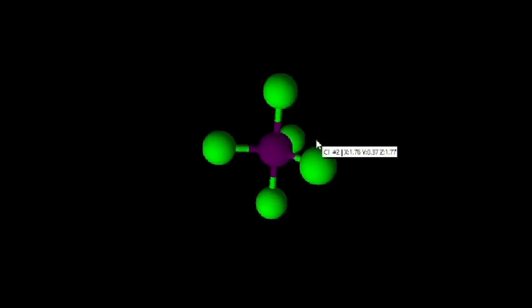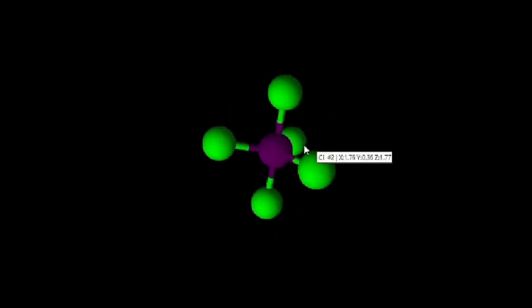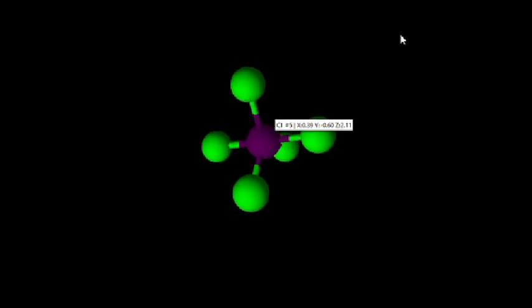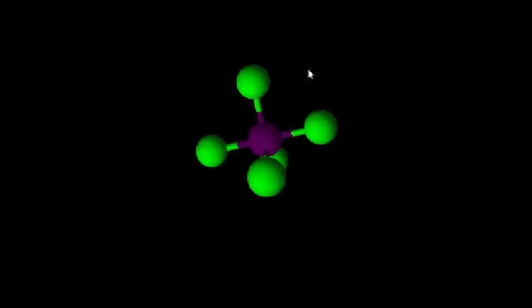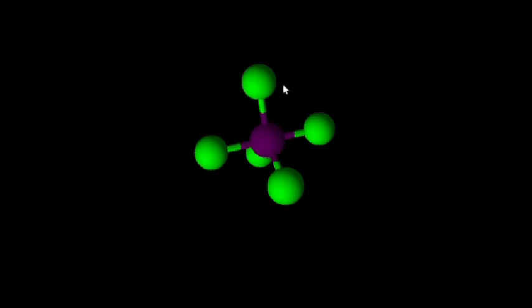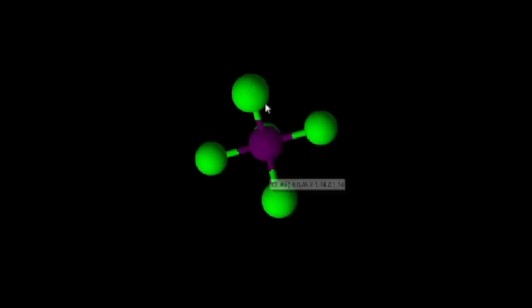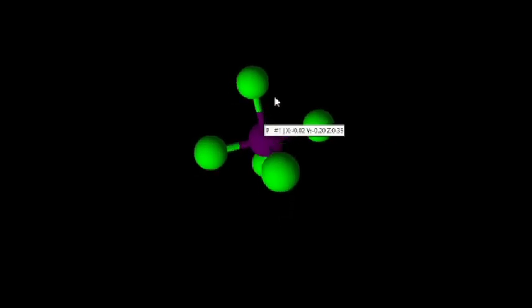So we can rotate this and get an idea. Now you can see these three lone pairs come into a single plane like this. One is hidden here. Now you can see these three lone pairs and also the iodine atoms can come to one single plane.